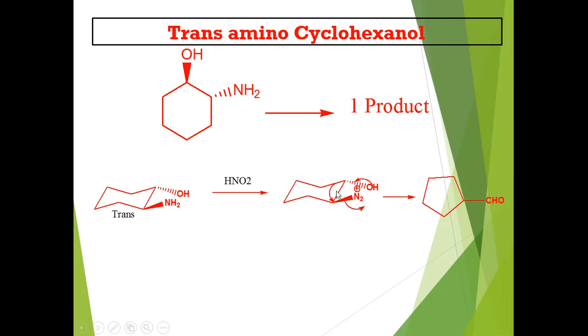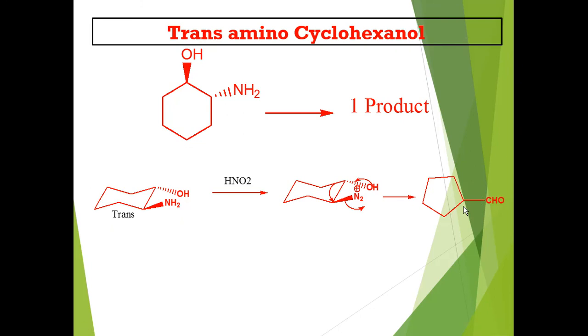Here only the rearranged product is formed, because a shift of hydrogen will not take place and the cyclohexanone product will not be formed. Why? Because the hydrogen is not anti with respect to N2 plus. This is equatorially oriented, a trans-diaxial situation is not present in this case, and therefore only one product is formed, that is cyclopentane carboxaldehyde.